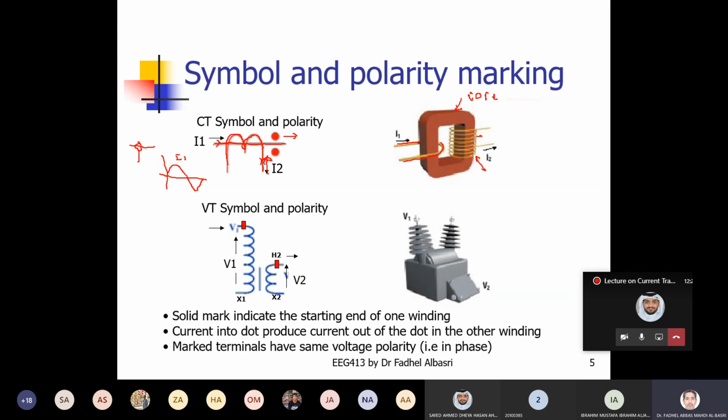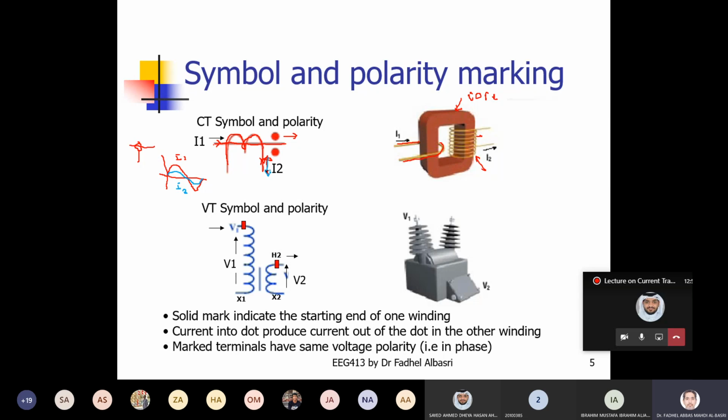The secondary will also be in phase like this, at a lower current, of course. This is I2. In terms of polarity, this current will be in this direction in this case. So this current polarity is the same as this current polarity. And this is very important.